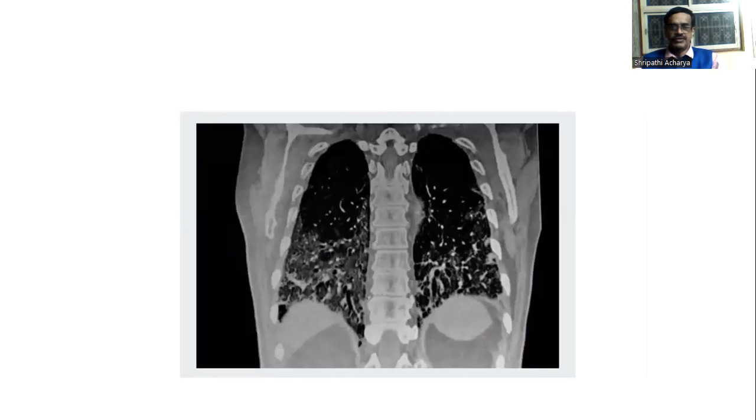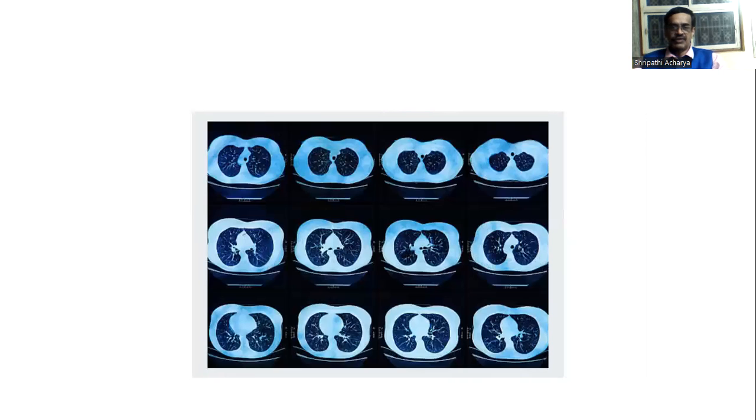This is the frontal plane. You can see the tomography. Another film of tomographic study where you can see the structures such as lungs, heart, mediastinal structures, and the wall.